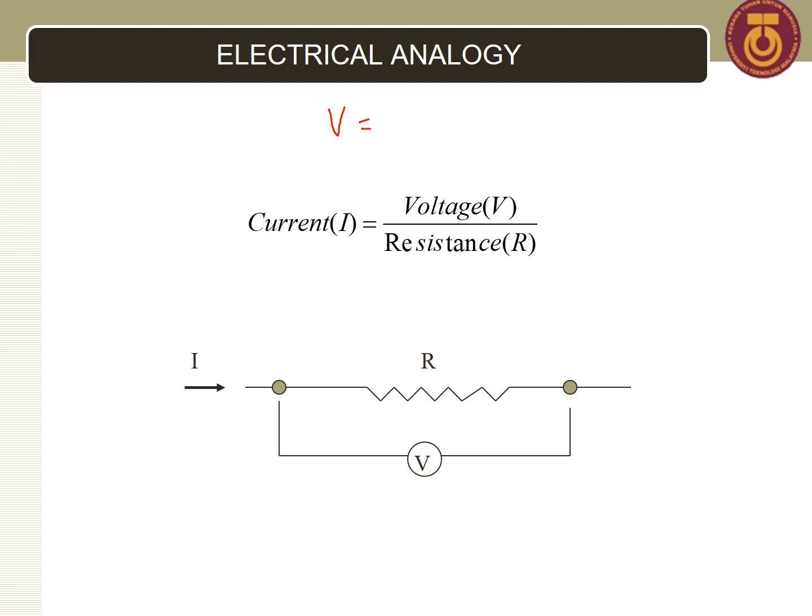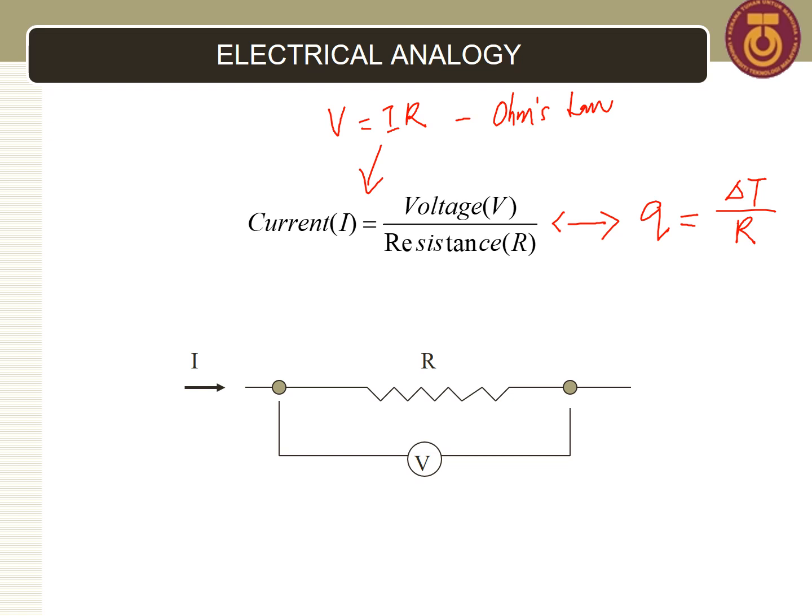In physics you learn V equals IR. This is Ohm's law. It can also be represented in this form, I equals V over R. So actually you see there is a similarity to what we have learned: Q, heat transfer rate, equals temperature difference divided by heat resistance.